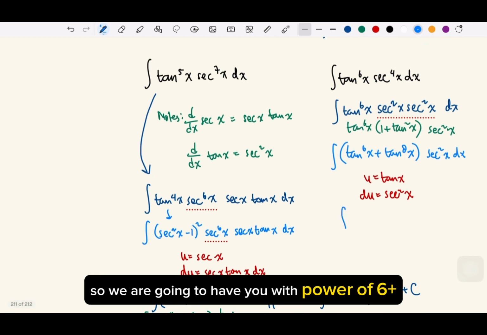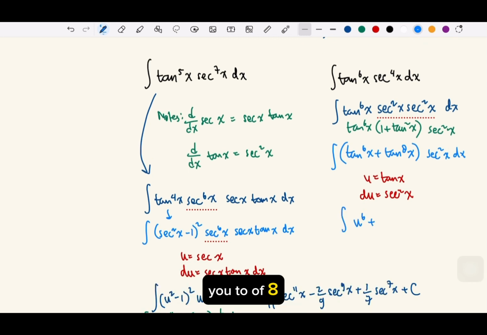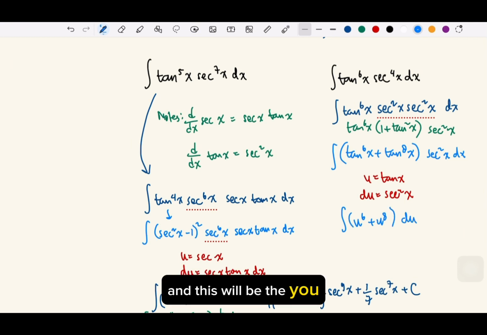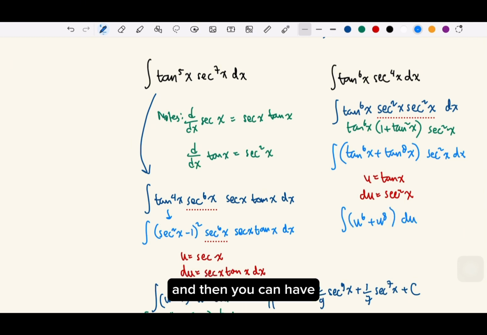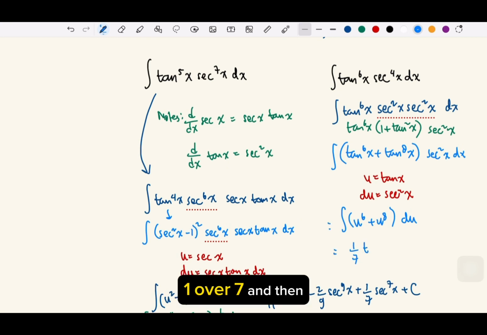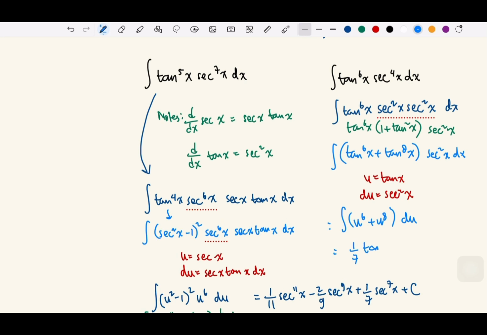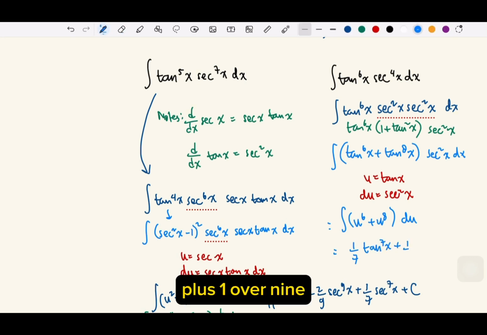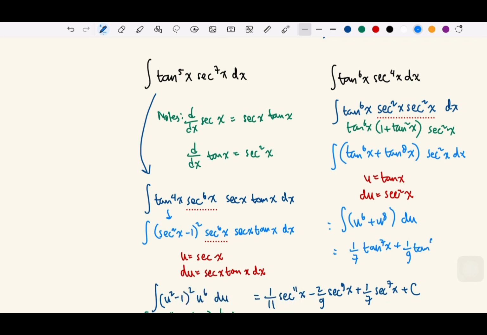So we are going to have u with power of 6 plus u with power of 8, and this will be du. Okay. And then you can have 1 over 7 tangent to the 7, plus 1 over 9 tangent to the 9, plus c.